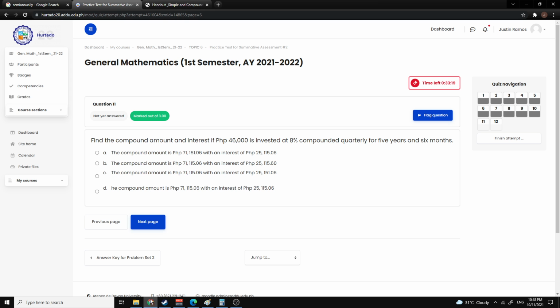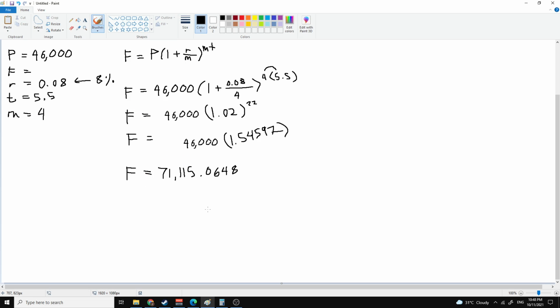All right, so I want to find the interest value. To find the interest of a compound interest, it is equivalent to the futures minus the principal value.